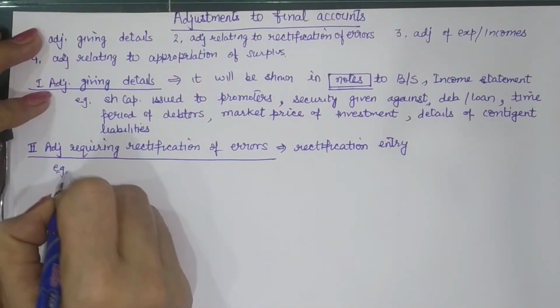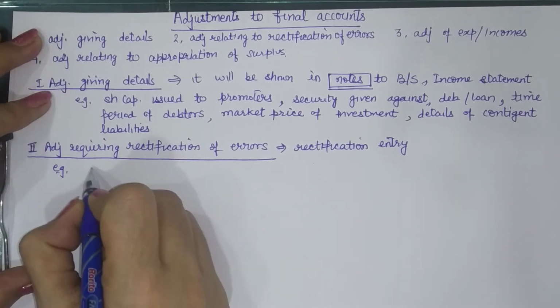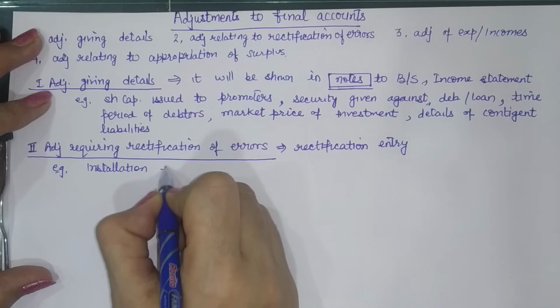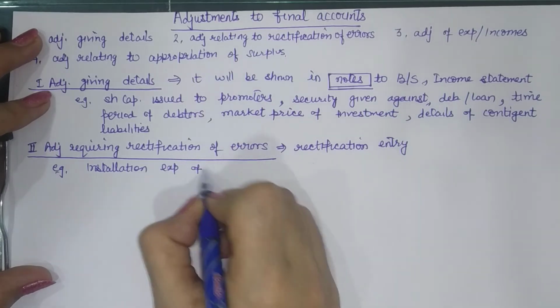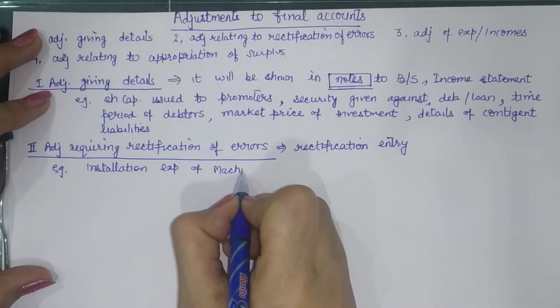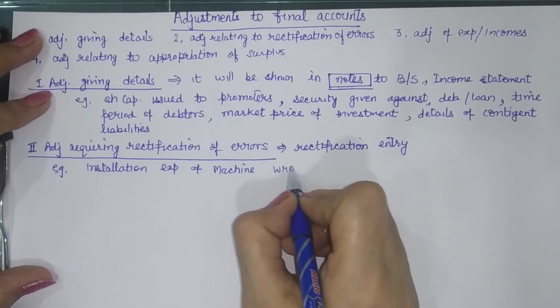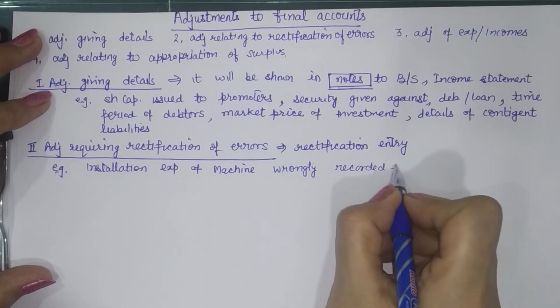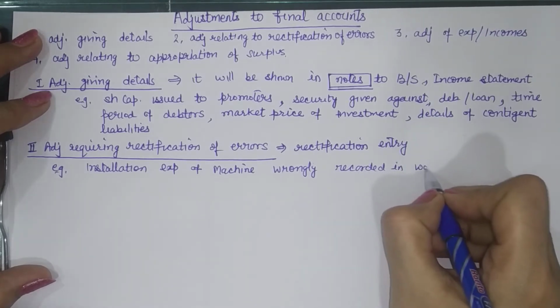For example, say we are given that installation expenses of machine wrongly recorded in wages.